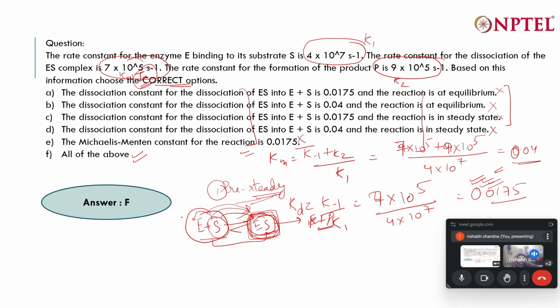And if we say the reaction is in equilibrium, then this is not correct, because in an equilibrium reaction, the ES that is formed is also consumed back to enzyme and substrate. But here that is not the case. Okay, now is the explanation clear?